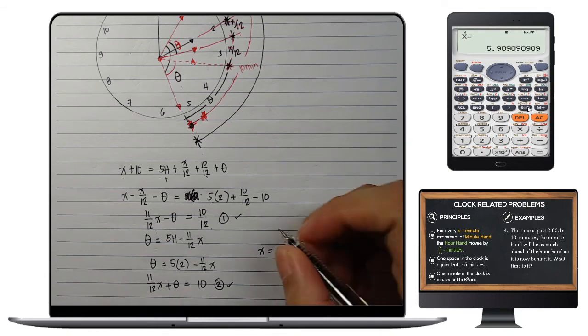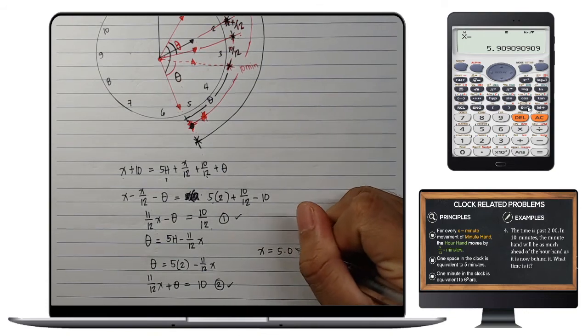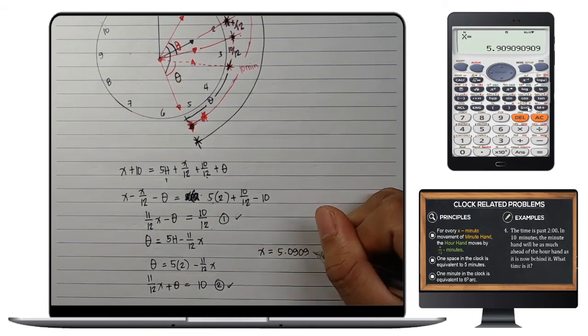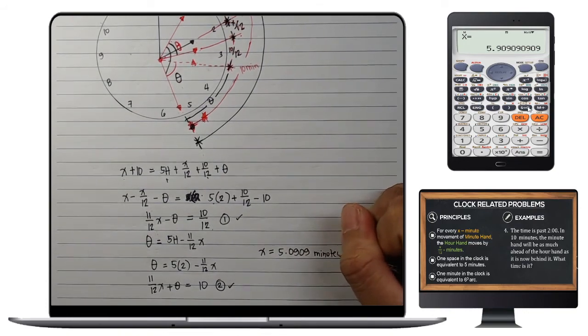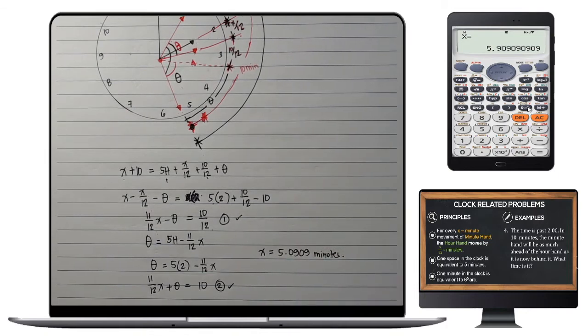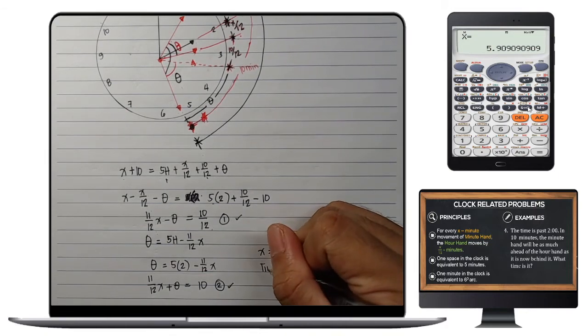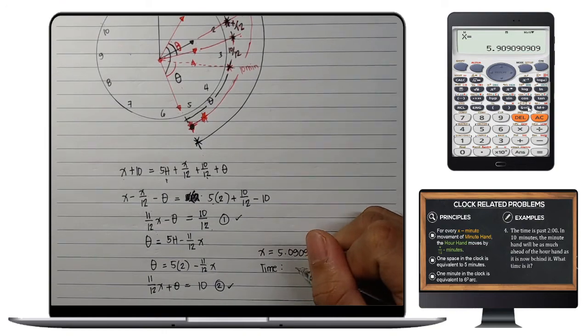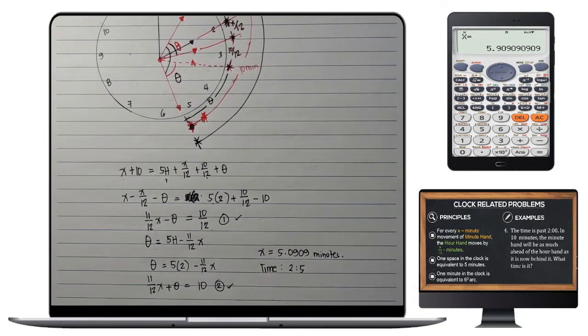5.0909 minutes. Okay? Since we are tasked to find the value of the actual time, the actual time is at 2:05. So the 5.0909 is 65 over 11.